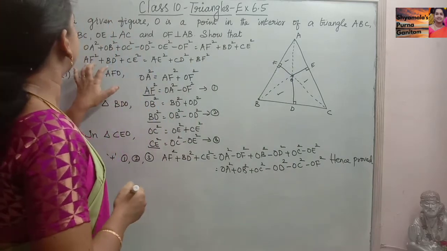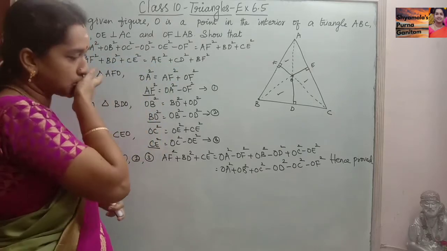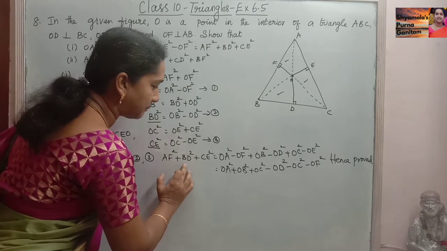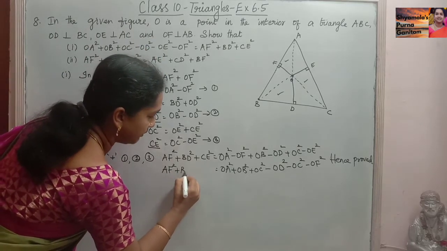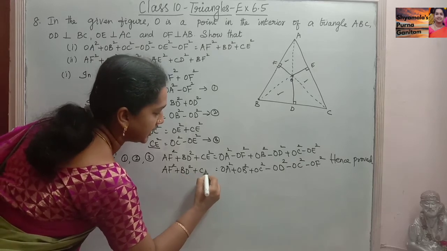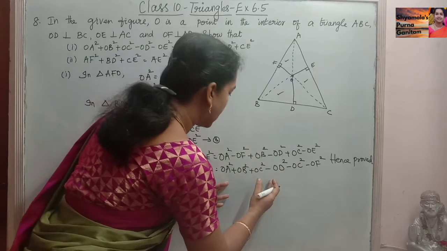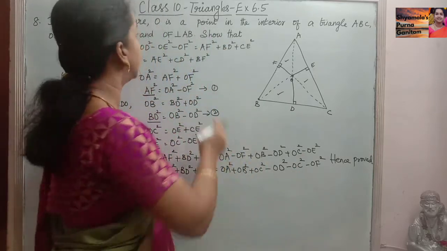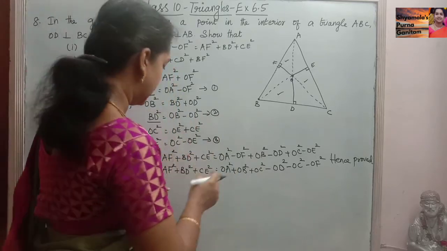Then comes the second one. Proving this is also very simple. Here we got the value for AF squared plus BD squared plus CE squared. For this result we will combine the RHS values as necessary.